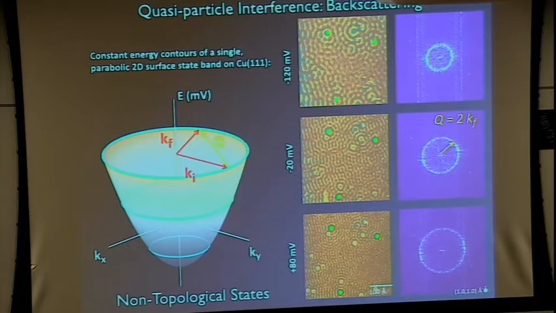The middle circle, its radius is 2kF? Its radius is 2kF. But you can scatter from Fermi surface to Fermi surface at smaller values. You can. This is completely elastic. You're looking at a specific energy. You have an electron, and it gives you scattering at this fixed energy. So these are at fixed energy.